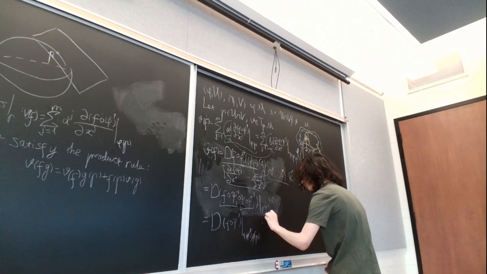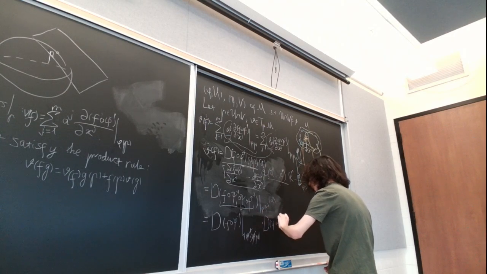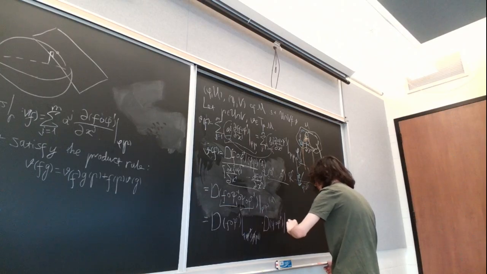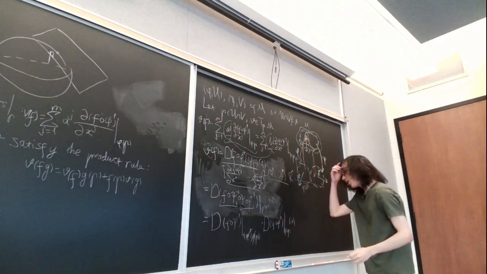And then composed with d of psi phi inverse, the transition map, evaluated at phi of p, and you apply a to it.